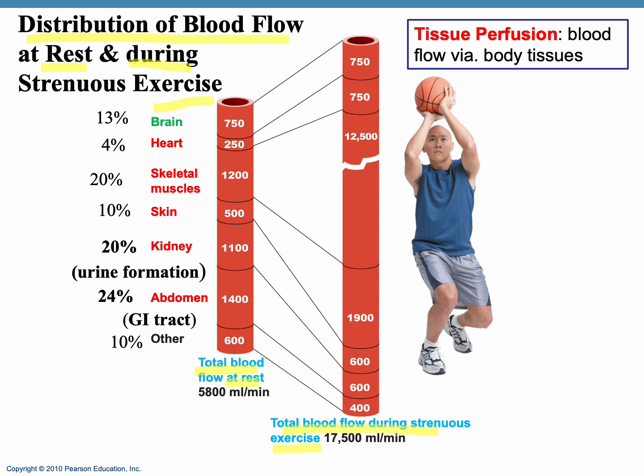At rest, when you're chilling at home, relaxing on the couch, typically there's going to be more blood flow to the urinary system and definitely to the abdominal area, the GI tract. Those are two major areas where there's a lot more blood flow at rest.